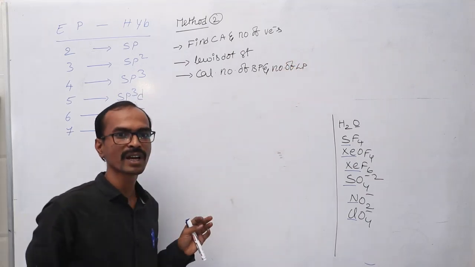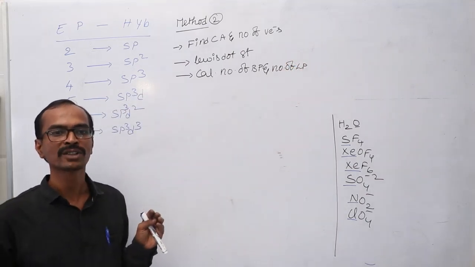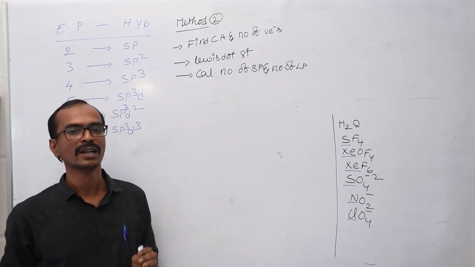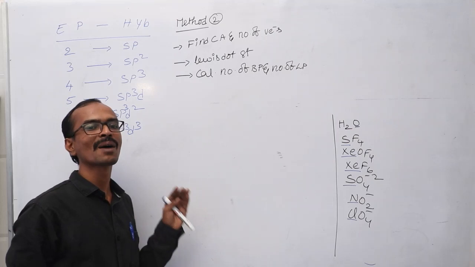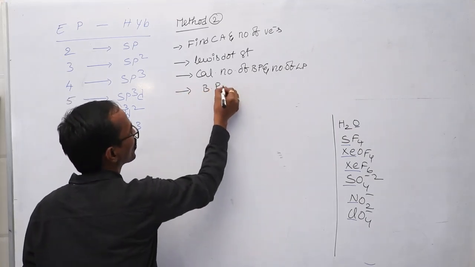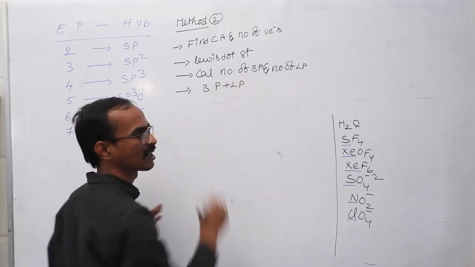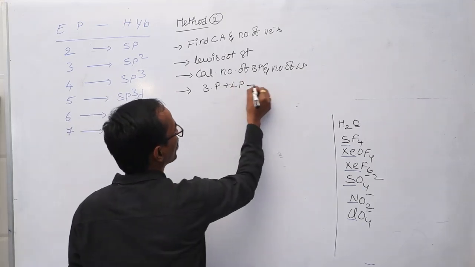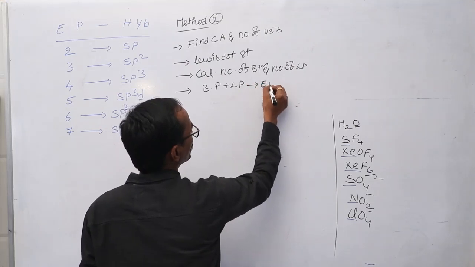What you have to do? Calculate the number of bond pairs and number of lone pairs in the given molecule or ion. Simply, the sum of bond pair electrons and lone pair electrons will become the electron pair number.